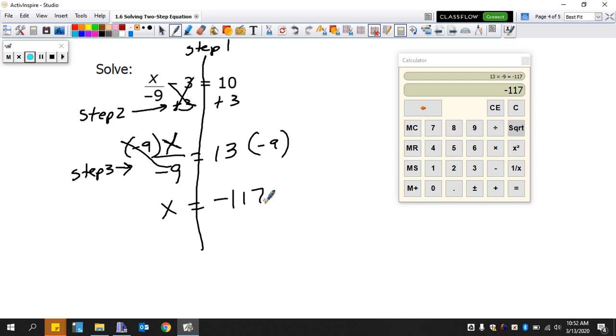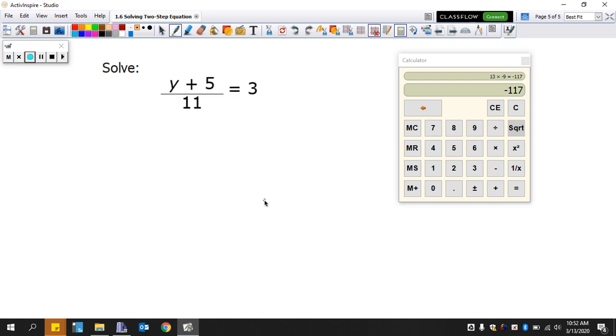The last example. Step 1, draw the line. Now you'll notice on this one, the entire left side, the expression on the left side, is divided by 11.